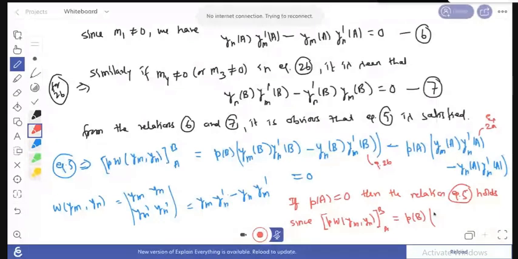So this into ym b yn prime b minus yn b and ym prime b, and this equals 0 because these two are the same. So equation 5 will hold; we do not need this if pa is 0.